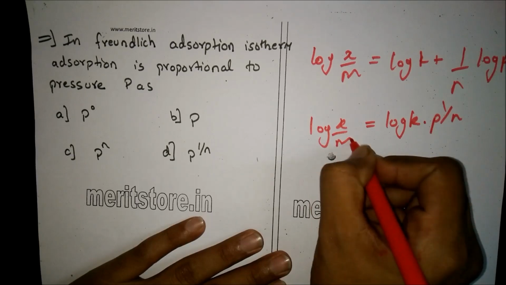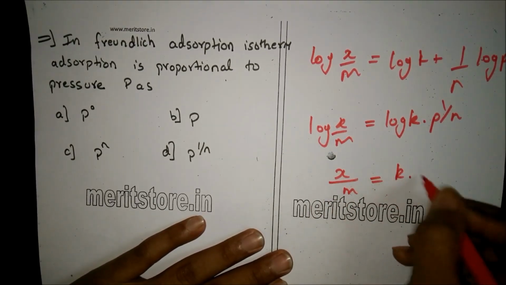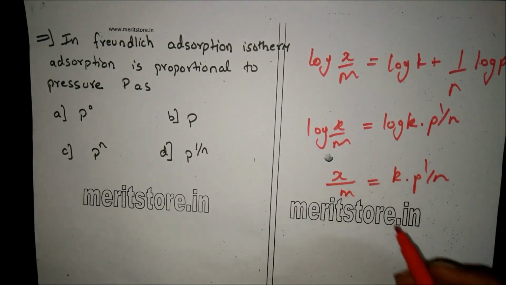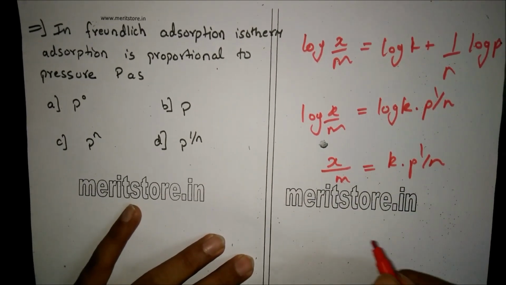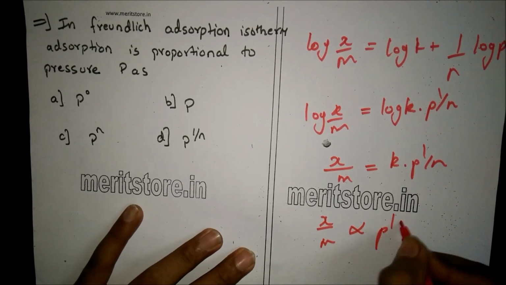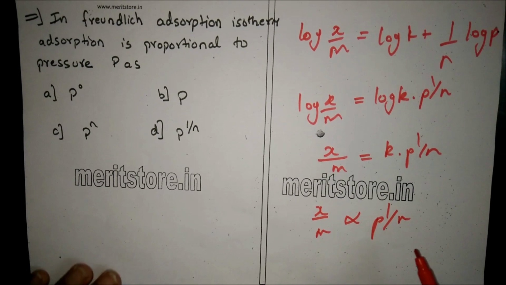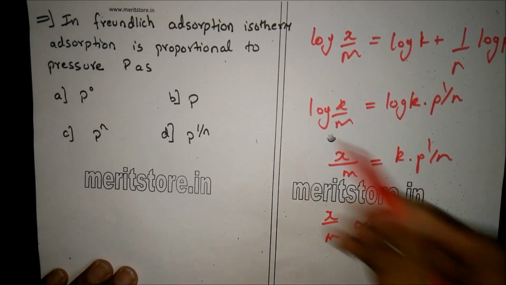Taking anti-log on both sides, we get x upon m is equal to k into p raised to 1 by n. Here, k is just a coefficient or a constant. Therefore, we can say that x upon m is directly proportional to p raised to 1 by n, which is Freundlich's equation. Therefore, the correct answer is option D.